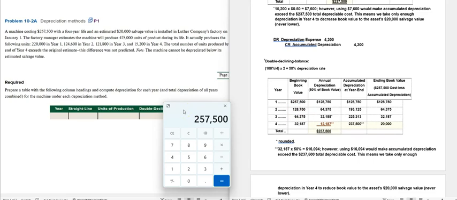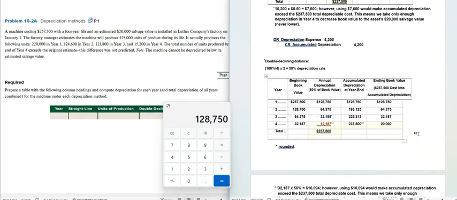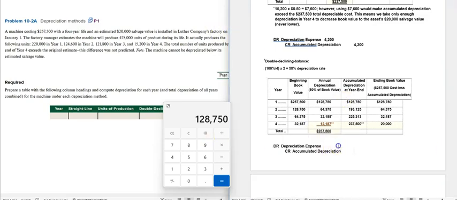Multiply that times my double declining balance depreciation rate of 50%, I will record $128,750 worth of depreciation expense for this first year. My journal entry will be to debit depreciation expense for $128,750 and credit accumulated depreciation for $128,750.